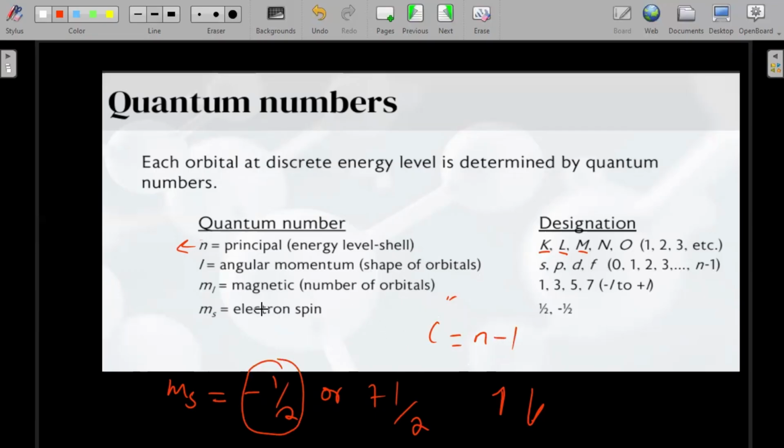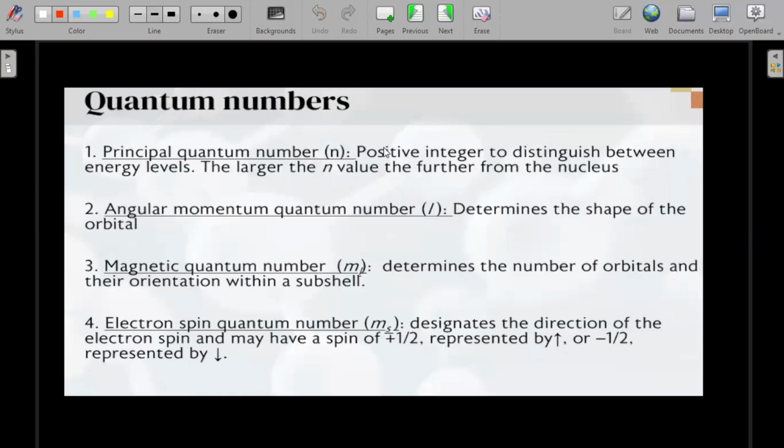Then for the ML, this is the orientation of the orbitals. As in the example, if L is 3, we are going to have -3, -2, -1, 0, +1, +2, +3. Those are the types of quantum numbers we've talked about here.